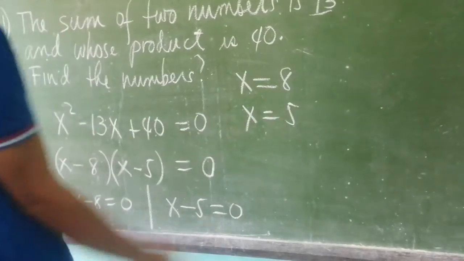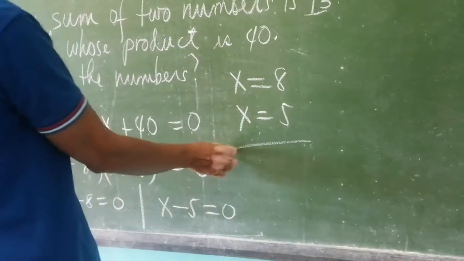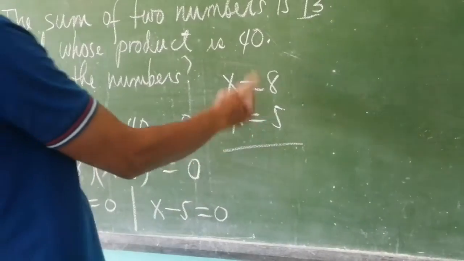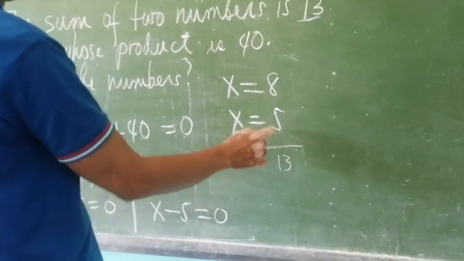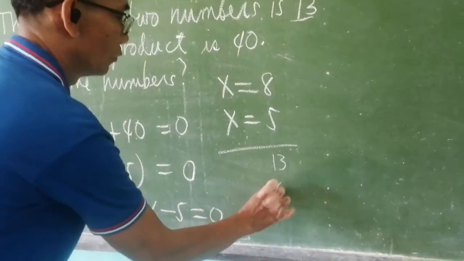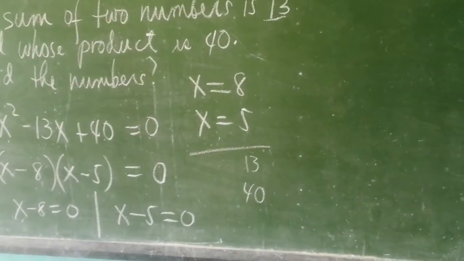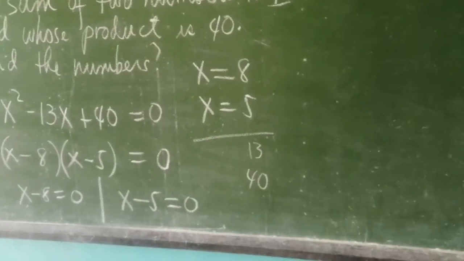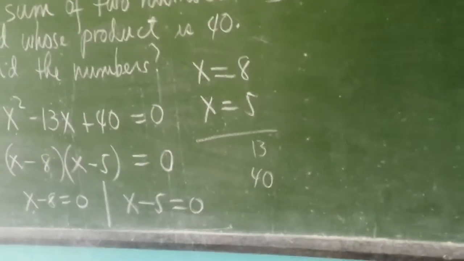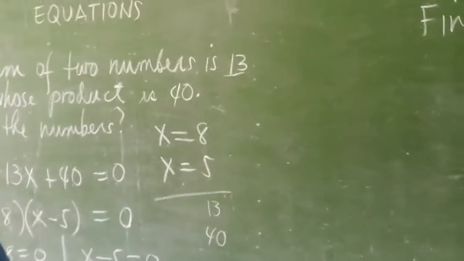So these two values, you may use them. So if you see, the sum is 13 and the product is 40. Okay, but actually, if you are going to solve it in details, it is like this.